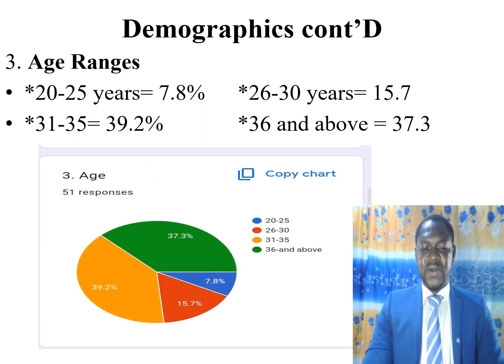I continue to talk about the characteristics of my population sample. This time I'm talking about their age ranges. It was open to people within the age range of 20 and above. So I'll mention the age range and then the percentages they represent in the study.